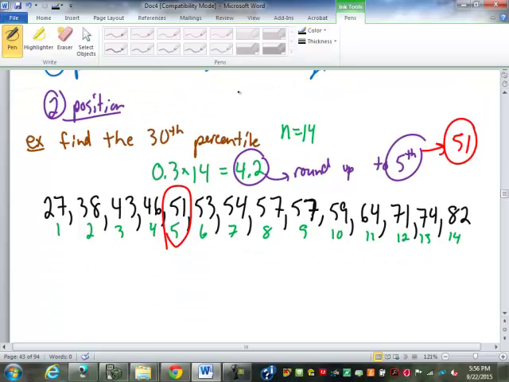Now, because this is a relatively small set of data, there's a little quirk with it. Let's say I want to find the 35th percentile. Talk me through. What am I going to do?